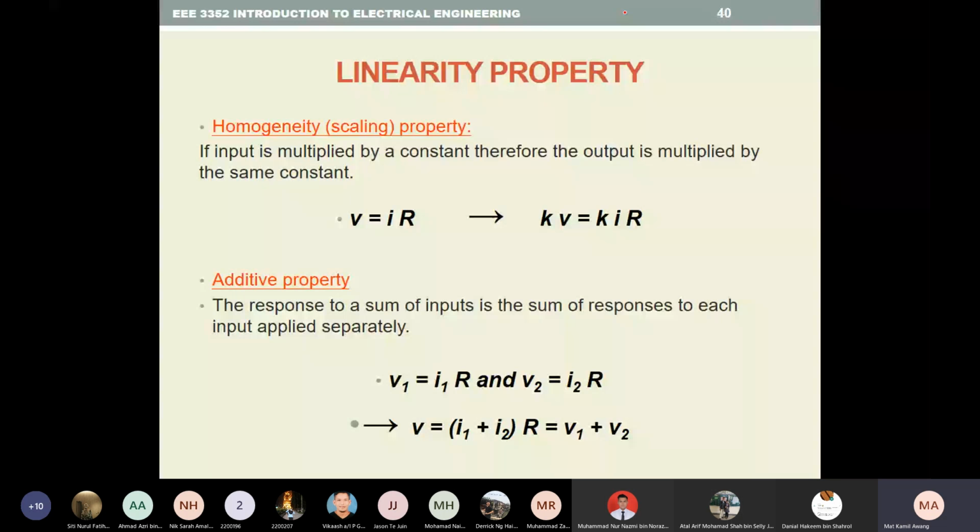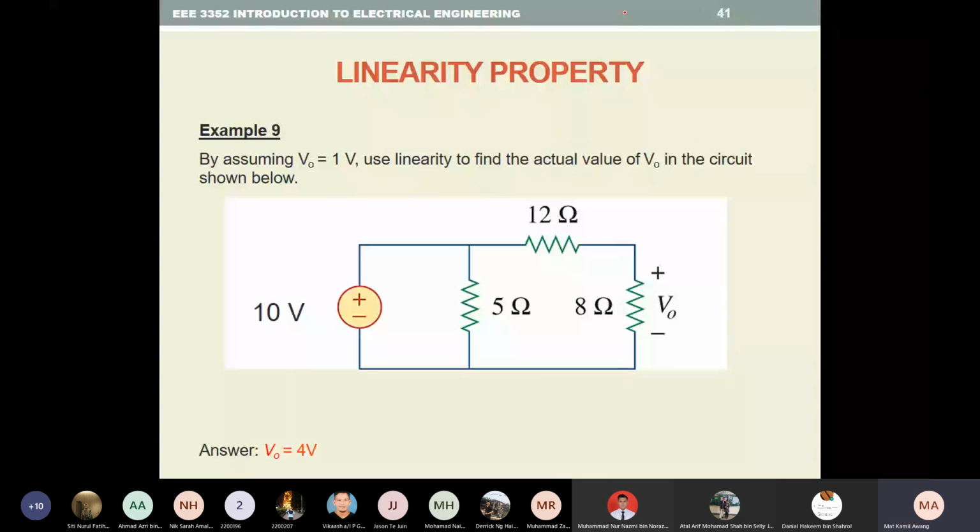If you add I1 and I2, the voltage you can also add, V1 and V2. So V is equal to (I1 plus I2)R, which is equal to V1 plus V2. That is the additive property. By using that property, we can solve our resistive network problem.